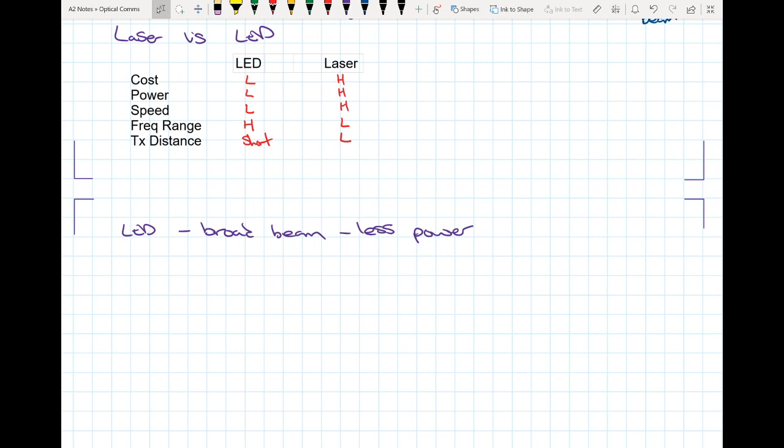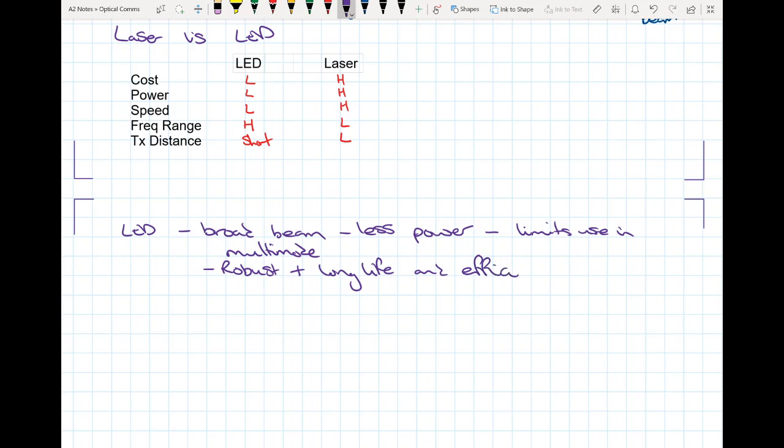So in essence, our LED has a broad beam and less power, which limits its use in multi-mode. Whereas our LED is robust, has a long life and is efficient.